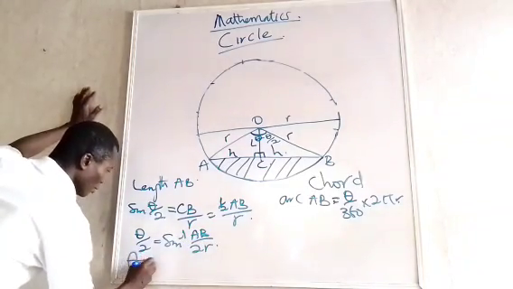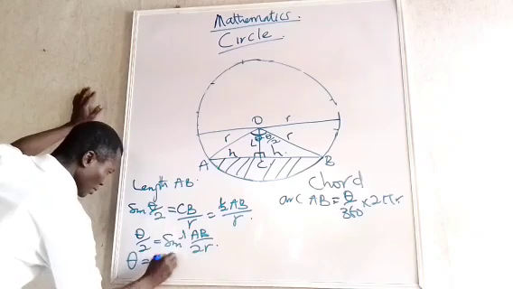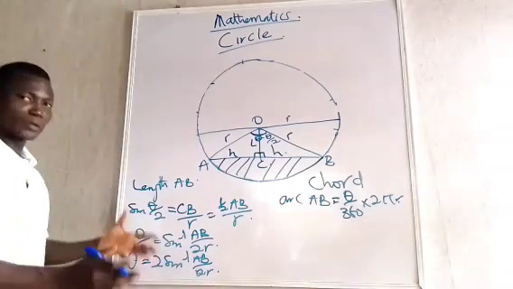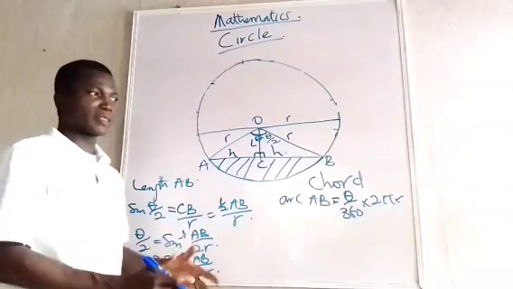So theta is equal to 2 arcsine of AB over 2R. I am just trying to show what kind of calculation might come up when you have different parameters.